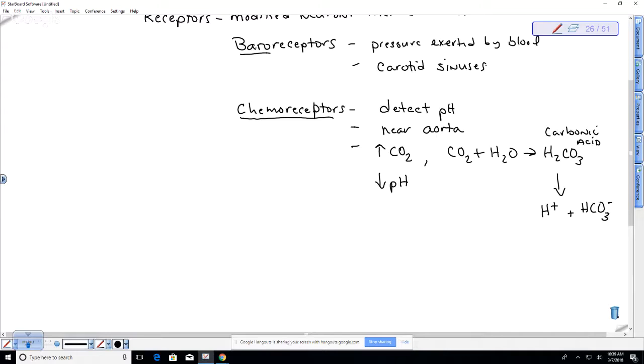We also need in our regulation a control center. And for our blood vessels and our heart, this is the medulla oblongata. This is in the brain stem. This is the cardiovascular center.